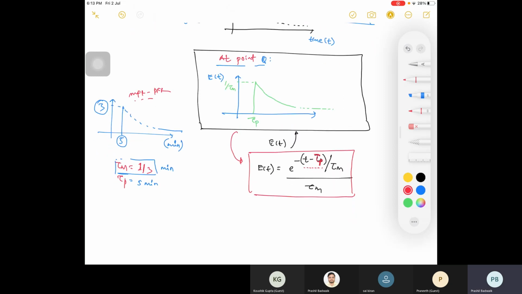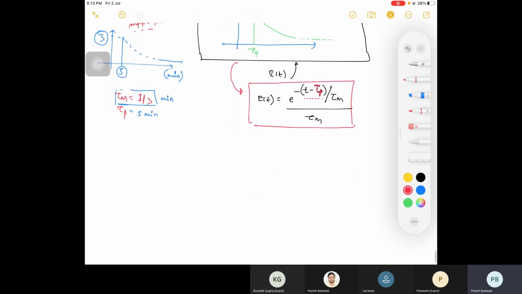Then next case, PFR followed by CSTR, pulse injection. Tau P, tau M, injection, detection.